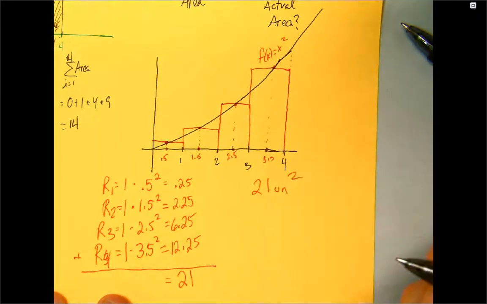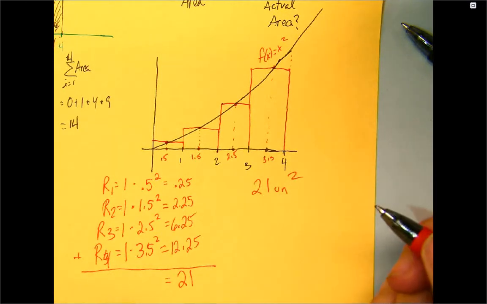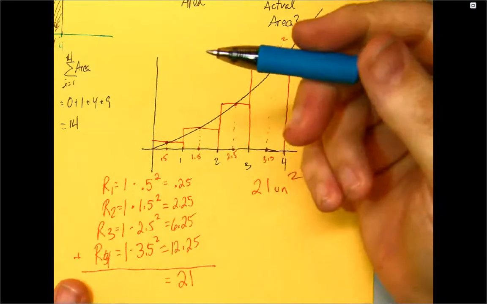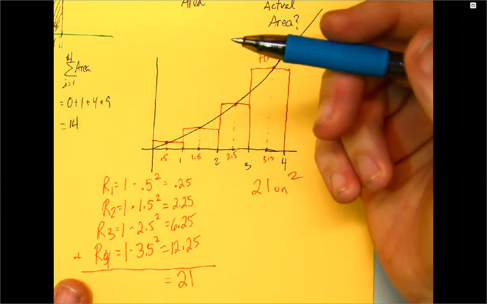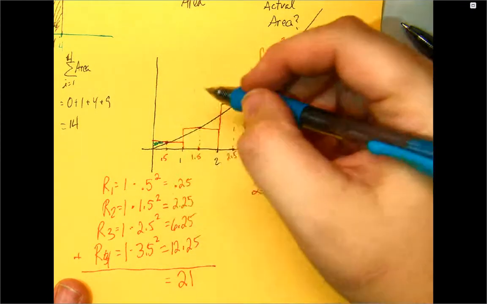Doesn't look like it. Yeah, the midpoint is closer than the other ones because it has a little bit that it's above, and it has a little bit that it's missing out on.